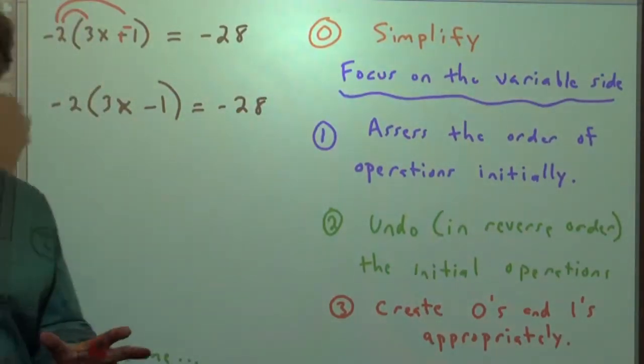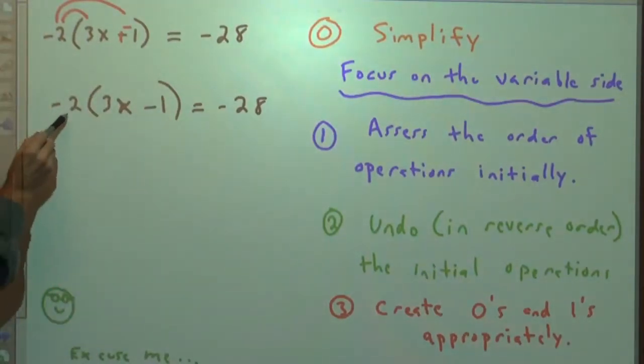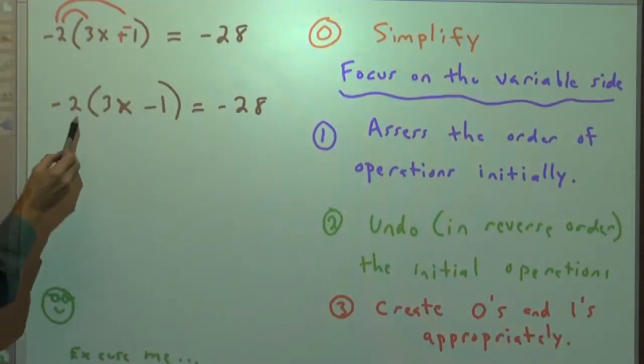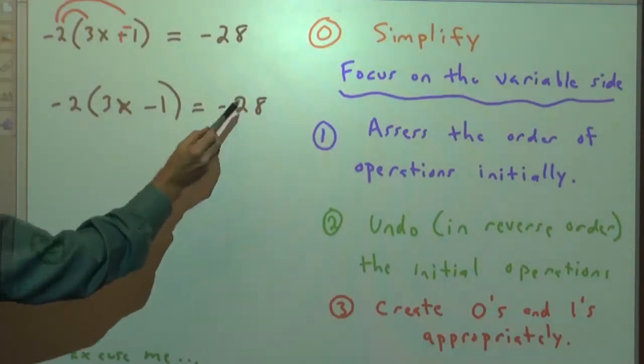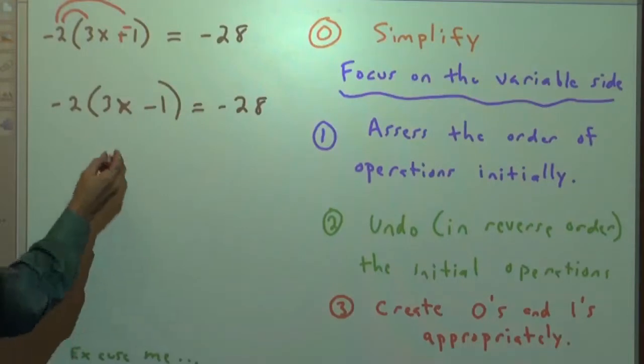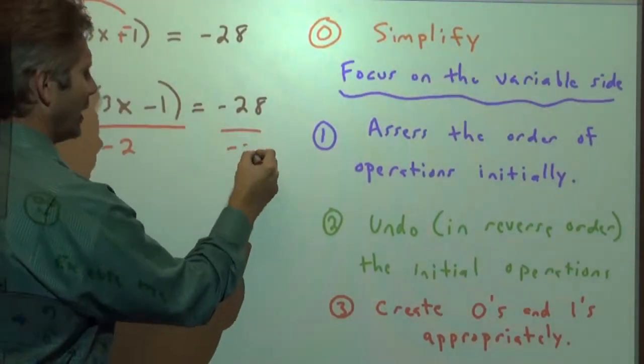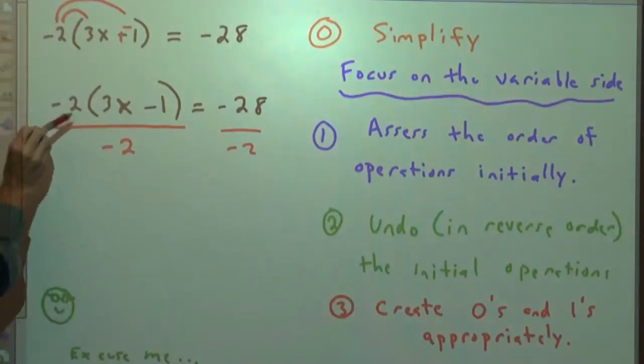As long as you do the same thing to both sides of an equation, you're fine mathematically. Because negative 2 is being multiplied by this quantity, and because negative 2 is a factor of negative 28, the first step, and really the easiest way to do this problem, would be to say, you know what, I'm going to divide both sides by a negative 2, because I can create a 1.